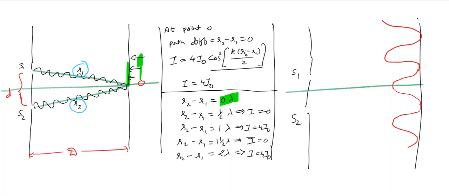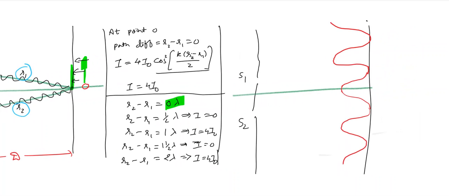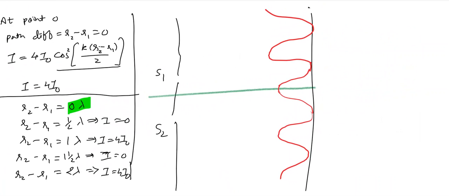So what is happening? This is the point where intensity is maximum because the path difference R2 minus R1 is 0 lambda. This is the point where intensity has fallen to 0 because the path difference R2 minus R1 must be half lambda there.